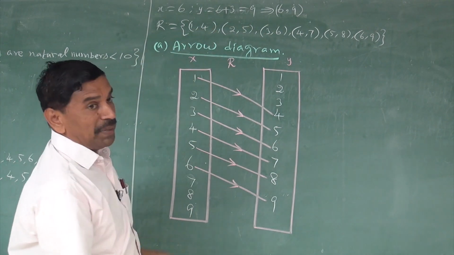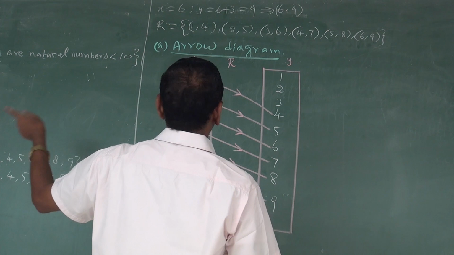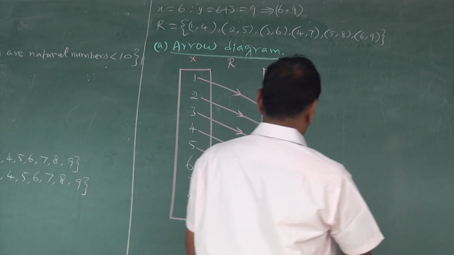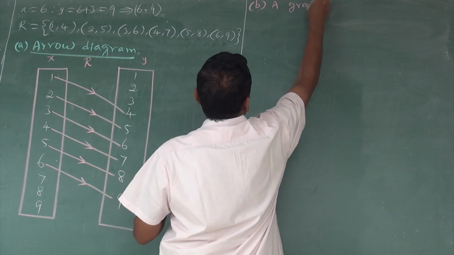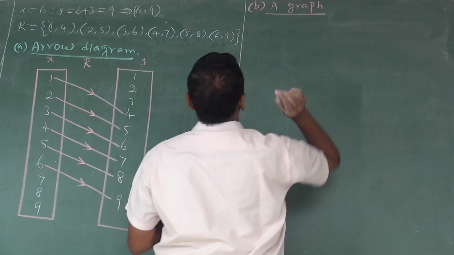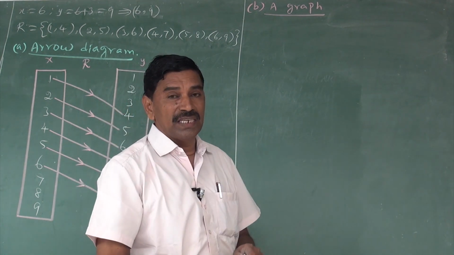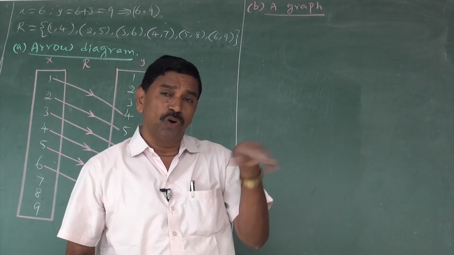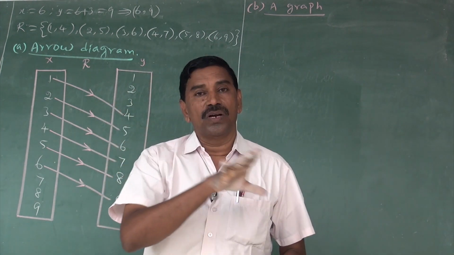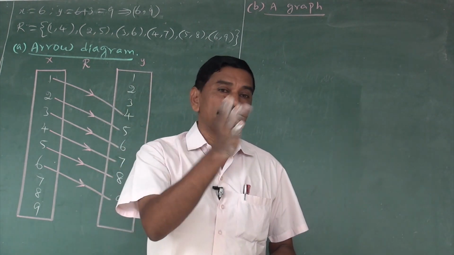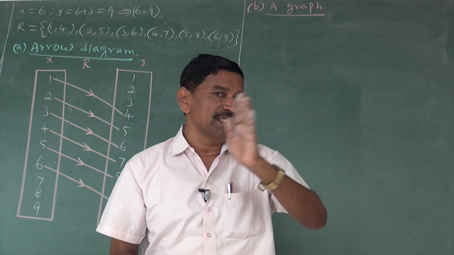So subdivision A completed. Now what is subdivision B? Yes, a graph. Now to draw the graph we need x-axis and y-axis. Whether we need all the 4 quadrants, that is the first quadrant, second quadrant, third quadrant, fourth quadrant. First quadrant takes only positive values: x-axis positive, y-axis positive.